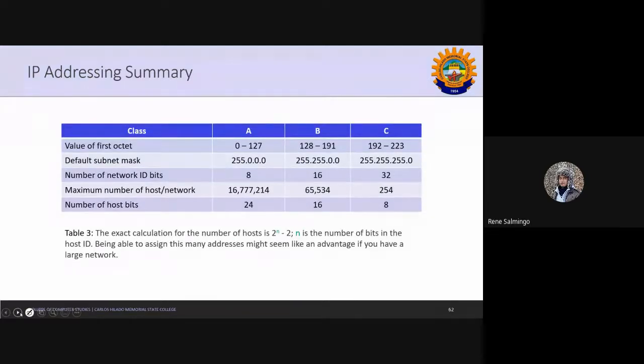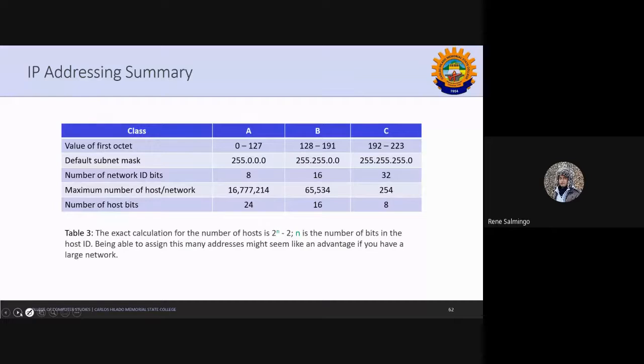Now for a summary of IP addressing. The first octet value for class A is 0 to 127, for class B you have 128 to 191, and for class C you have 192 to 223. For your subnet mask, class A starts at 255.0.0.0.